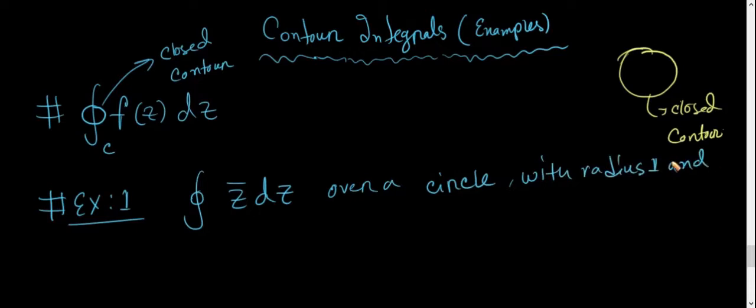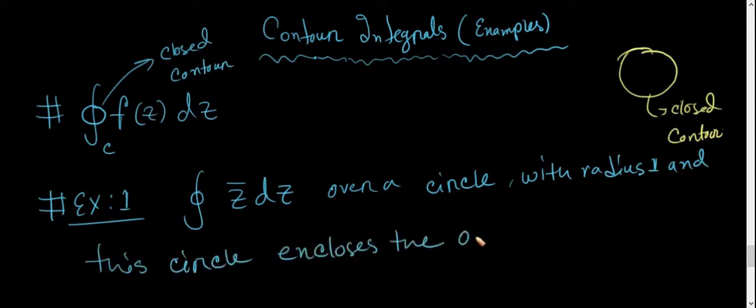and this circle encloses the origin. So this part means that it encloses the origin. It means that the circle's center is at the origin.